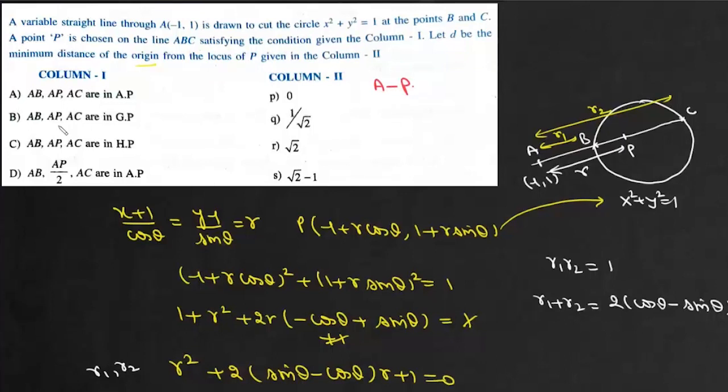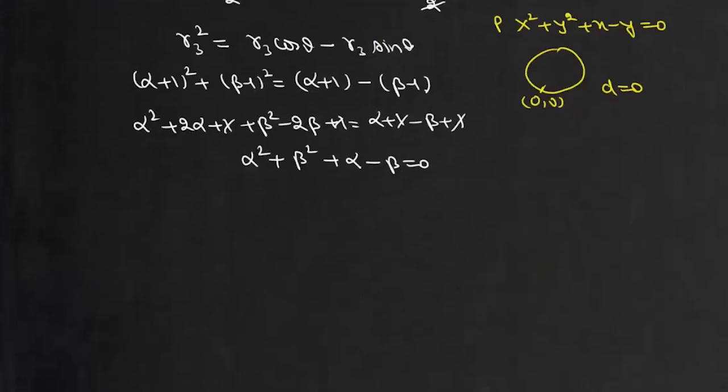Now second part is AB, AP and AC, they are in GP. So for part B we have AB, AP and AC in GP, that is R1, R3, R2 are in GP.